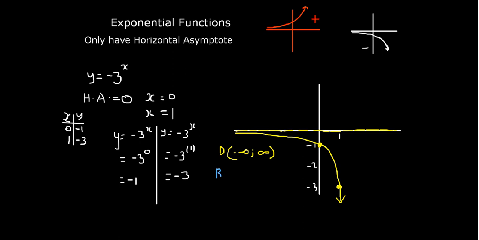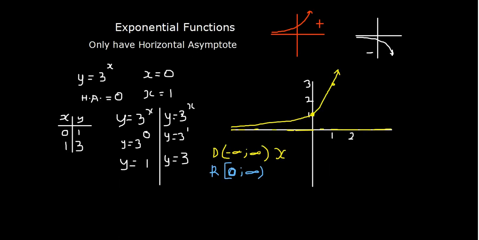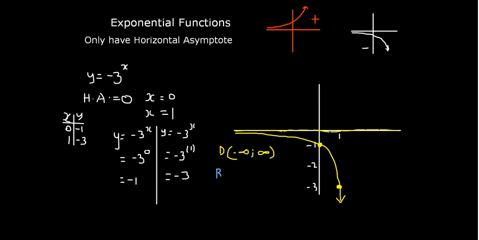So we go from negative infinity up to the horizontal asymptote where it ends. It's not like the previous one, which started from 0 to positive infinity because the minimum value was 0. Here the difference is it will not start from the horizontal asymptote, because that is its maximum point. From negative infinity, that is the lowest point.